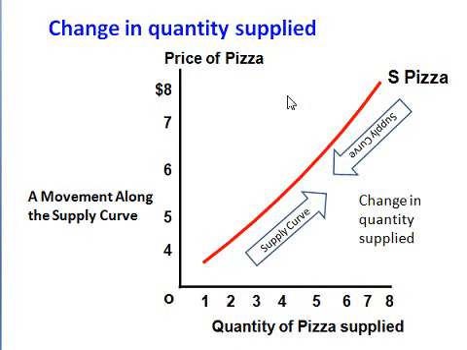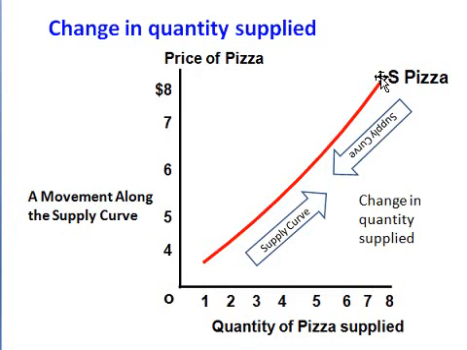So here, when the price goes up, suppliers supply more, and when the price drops, suppliers supply less, and that is why the supply of pizza is upward sloping.